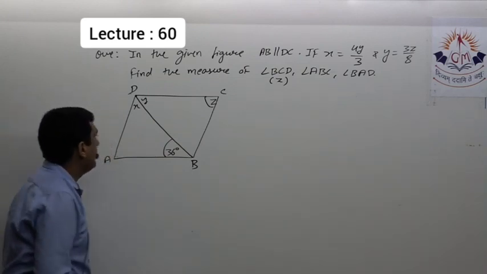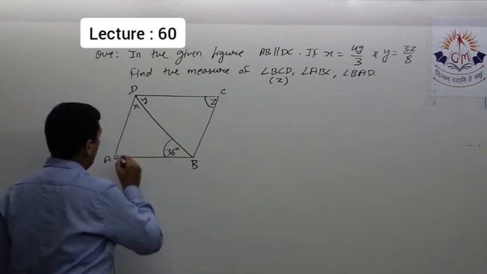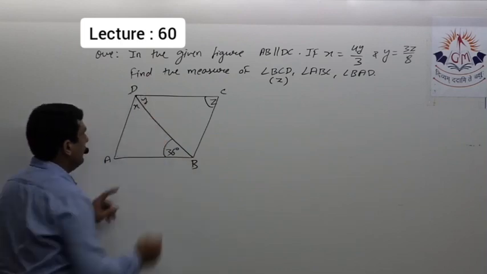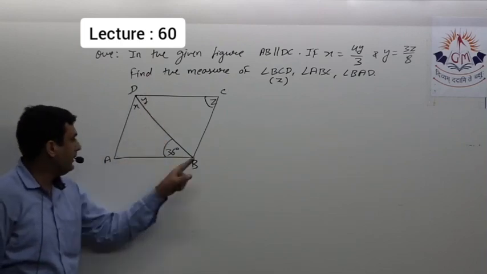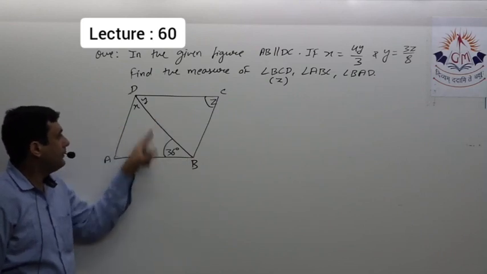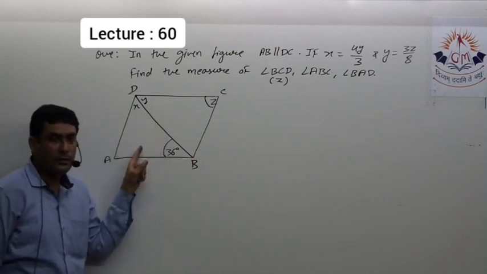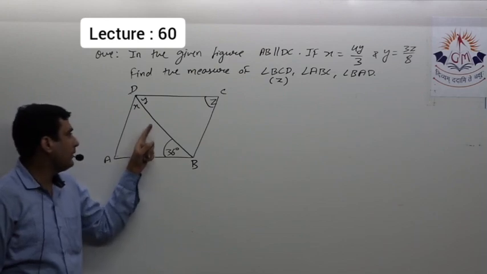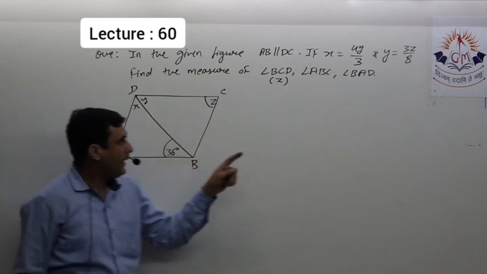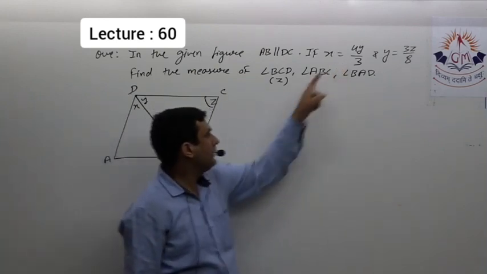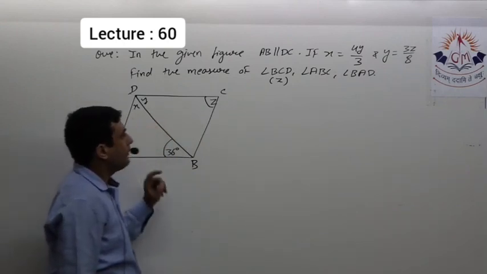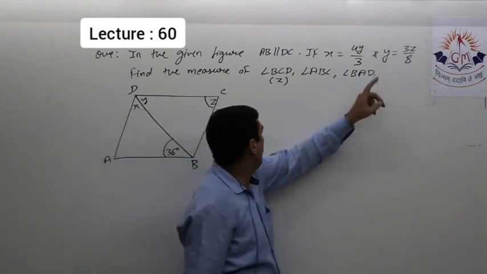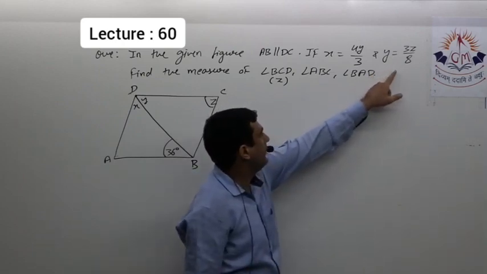So let us start. See, first of all, it is given AB parallel DC. So I can directly obtain the measure of y, because when AB is parallel to DC, then y and 36 form alternate interior angles. So we'll get the measure of y, and if I put y over here, I'll get the measure of x directly. And if I put the value of y over here, I will get z.